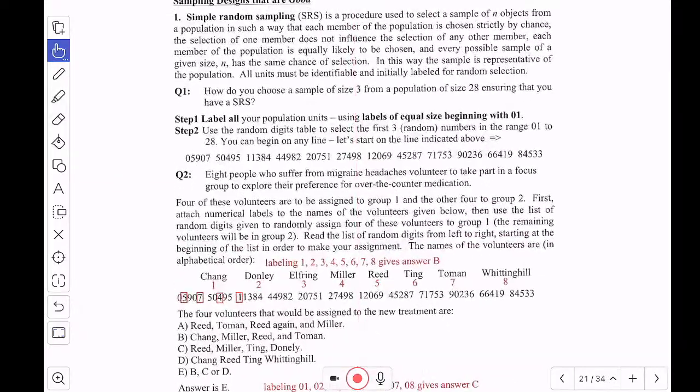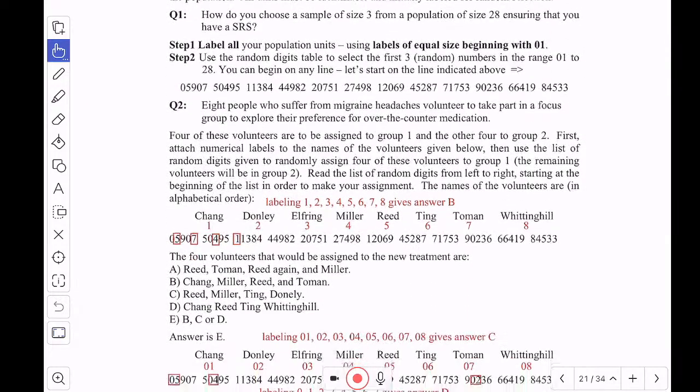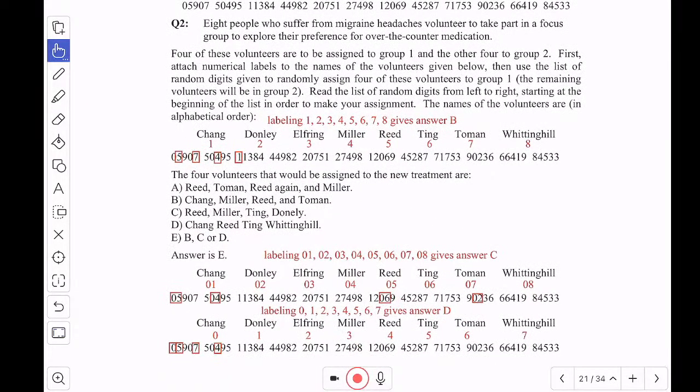Here's another example of sampling, randomization. In sampling, and what the takeaway of this exercise is, if you do it, I label, because there's 8, I use labels of length 1 because labels have to be the same length, and I begin choosing, and if I label them 1 through 8, I get the answer B. But I'm not given instruction on how to label.